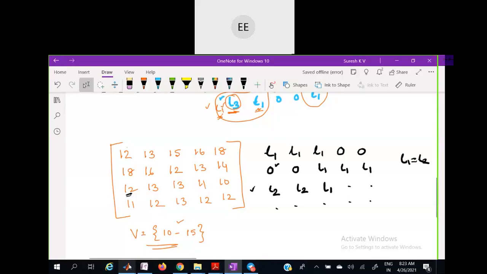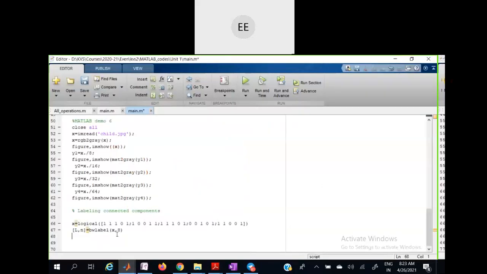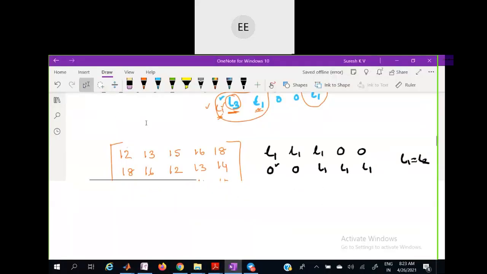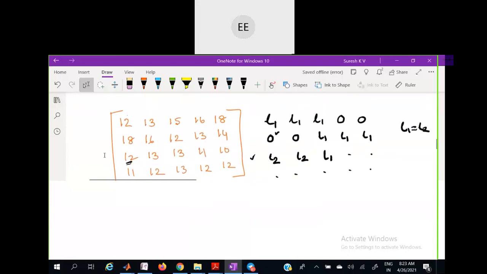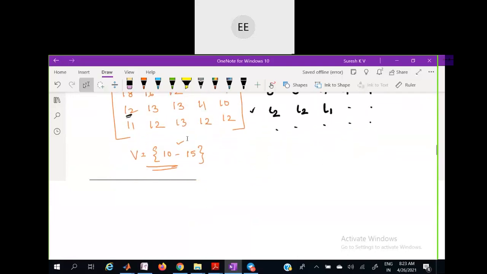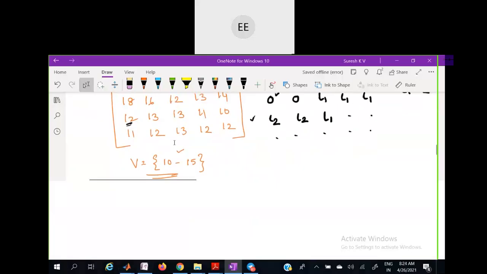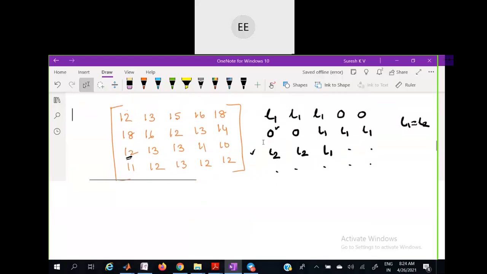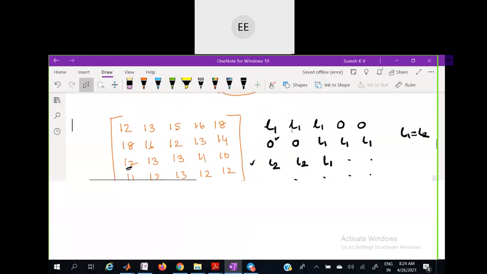Whatever code I have shown here, I want you to develop this code. Don't use bwlabel. Don't do it only for a binary image; for an image like this, I want you to give the labels. Definitely you cannot give them as L1, L2; you give them as 1, 2, 3.